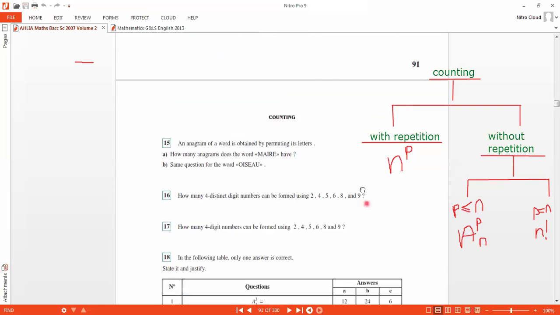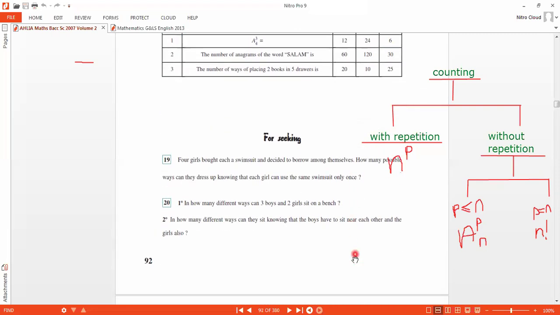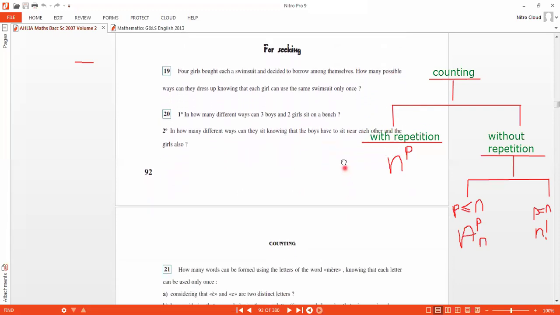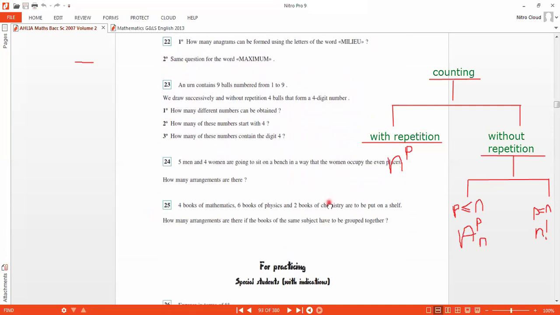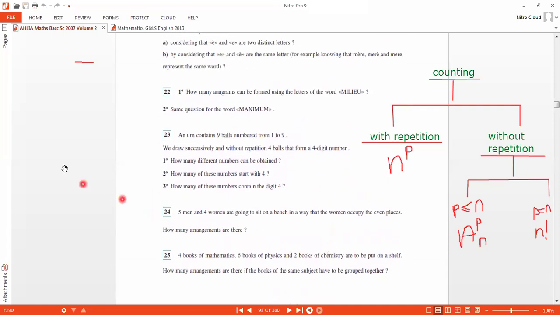It's, I think, number 25. We have 4 books of mathematics, 6 books of physics, and 2 books of chemistry.